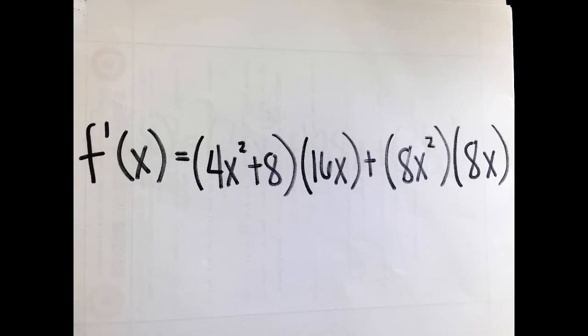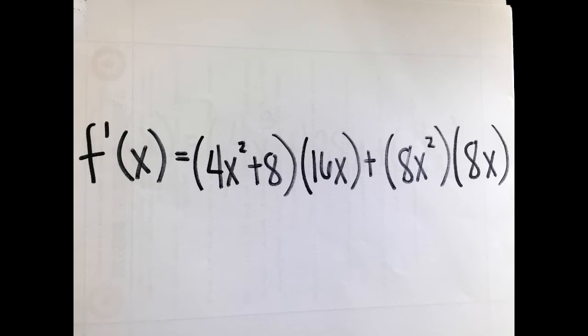So first, let's copy our f of x, which is 4x squared plus 8, then get the derivative of 8x squared, which is 16x. Then, copy the g of x and then get the derivative of our f of x, which would be 8x.